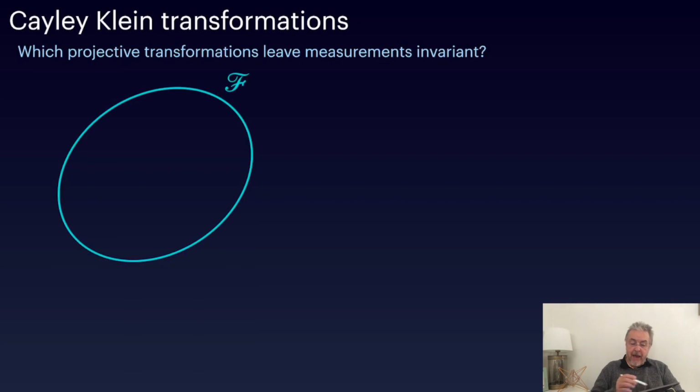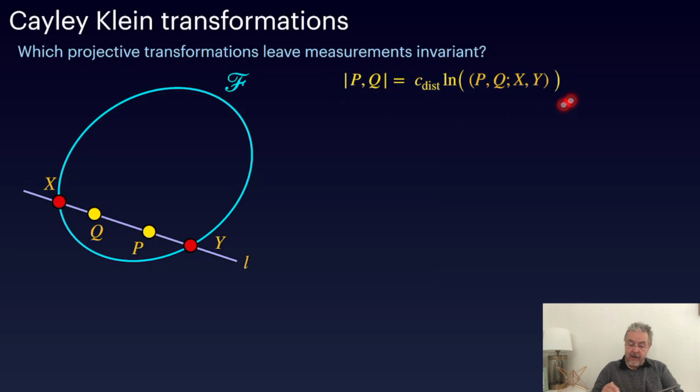So assume you have a fundamental object, and now let's see what happens to distances of points under a transformation. Assume you have 2 points. I told you how to measure the distance between these 2 points. It's just this formula here. Now assume you have a projective transformation, and let's ask the question, what is the distance of the 2 transformed points? Well, you can easily answer this question, since it's simply applying the same formula here, now with the roles of P and Q replaced by P prime and Q prime.